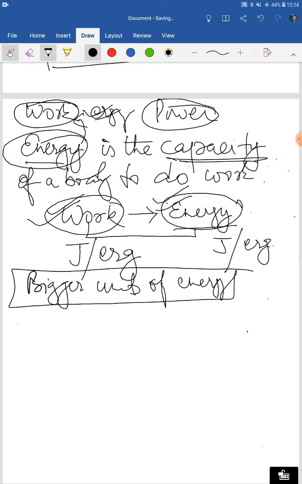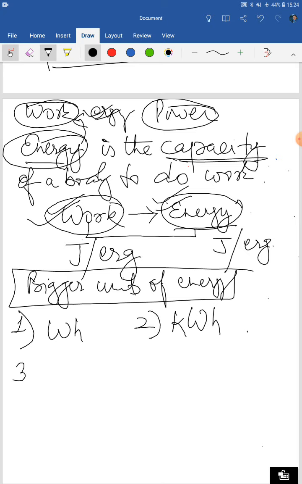Okay, number one is watt hour. Number two is kilowatt hour. And number three is calorie, and number four is electron volt, EV.